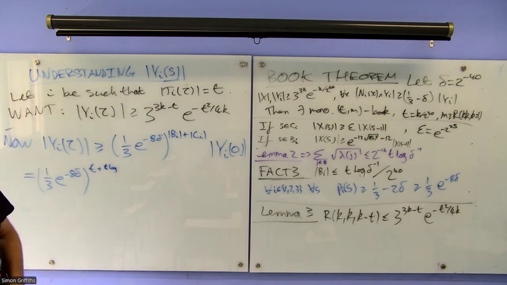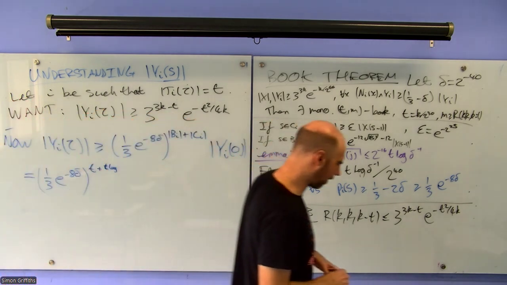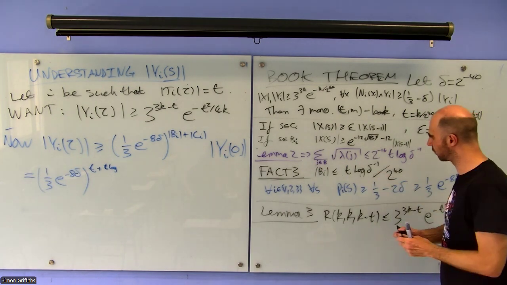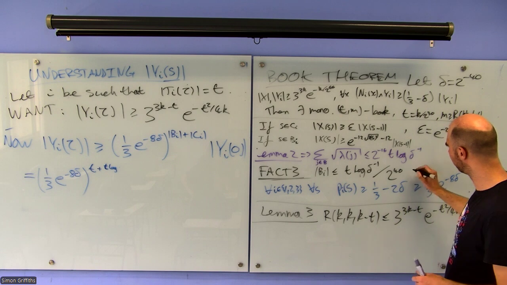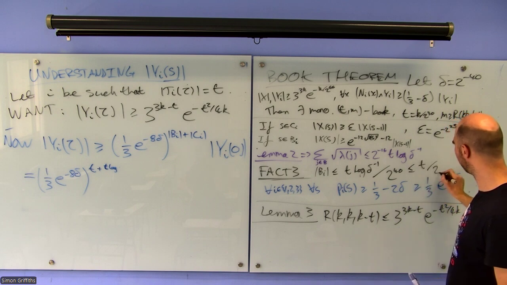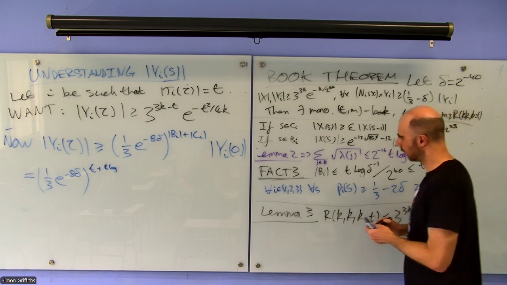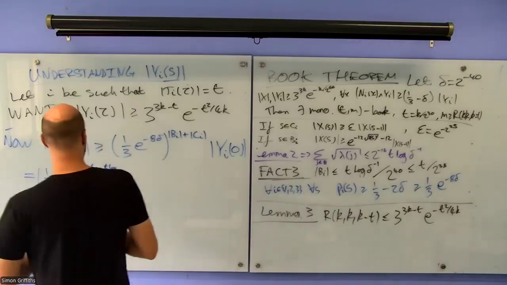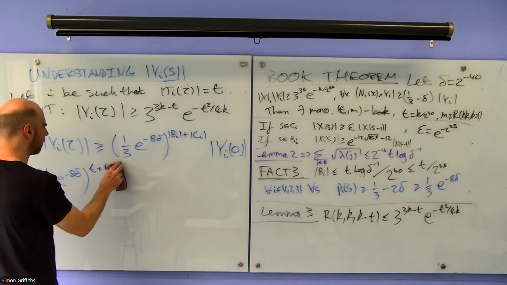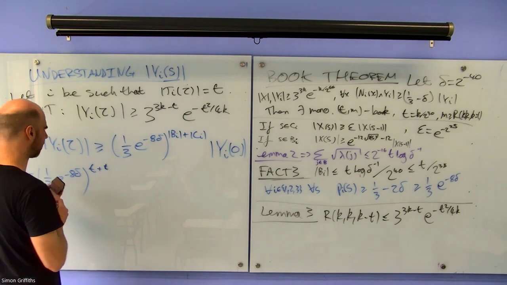Our delta is such that log 1 over delta is at most 2 to the 5, we said. So let's just put this immediately as at most t over 2 to the 35. So the number of boost steps is at most t over 2 to the 35.